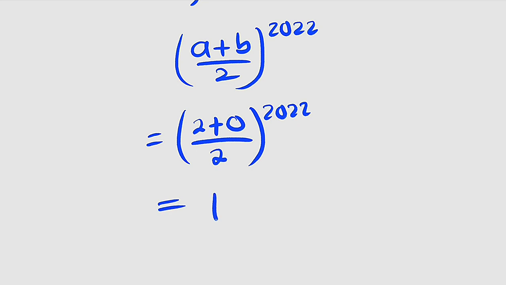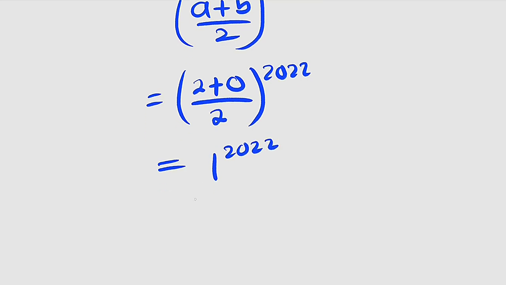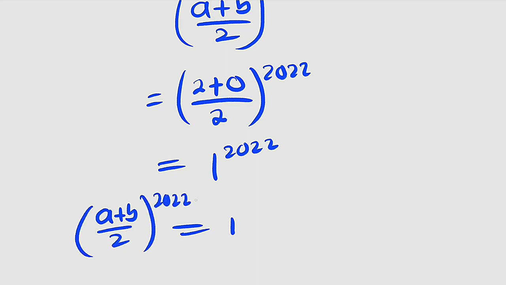So this is the same thing as 1 to the power of 2022, which is equal to 1. Therefore, ((a + b)/2) to the power of 2022 is nothing but 1.